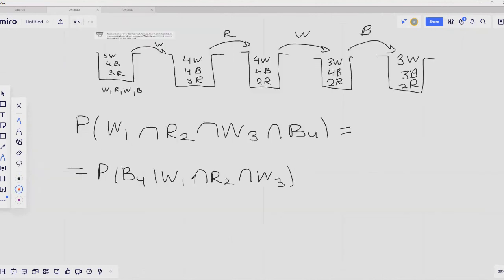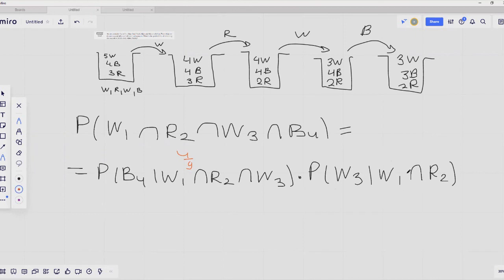We know this probability, since this is the same as drawing a black chip out of an urn which was brought to this state here by drawing white on first, red on second, and white on third draw. So this is equal to 4/9. Multiplied by probability of drawing white on third draw, given that we have drawn white on first and red on second.